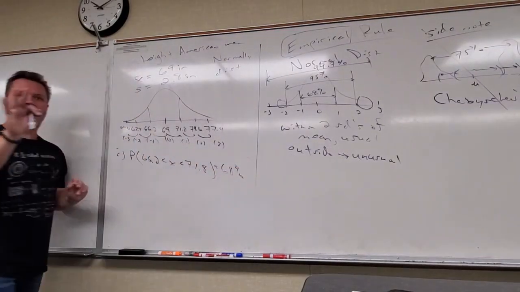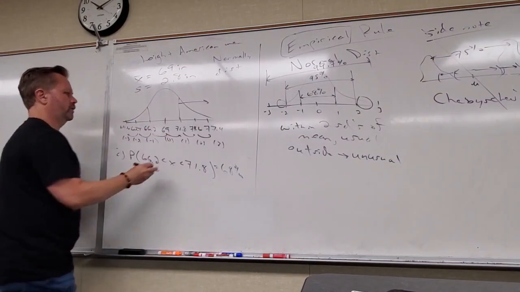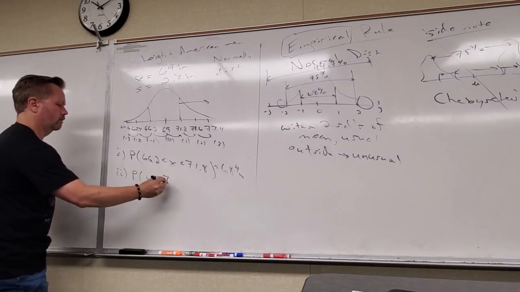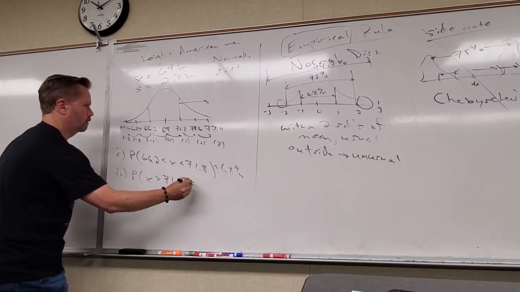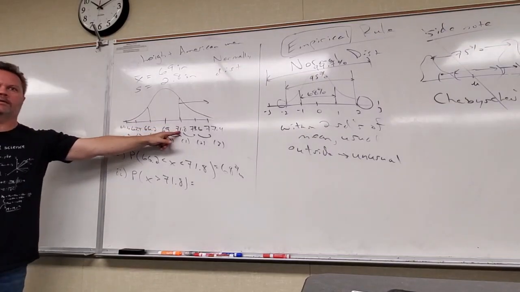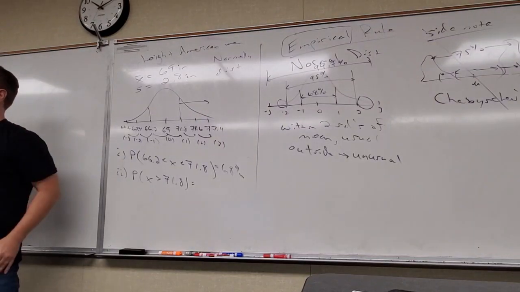Can anyone tell me, don't say anything. What percentage are more than 71.8? Don't say anything, think about it. I want to know what percentage is more than 71.8. Just think about it.